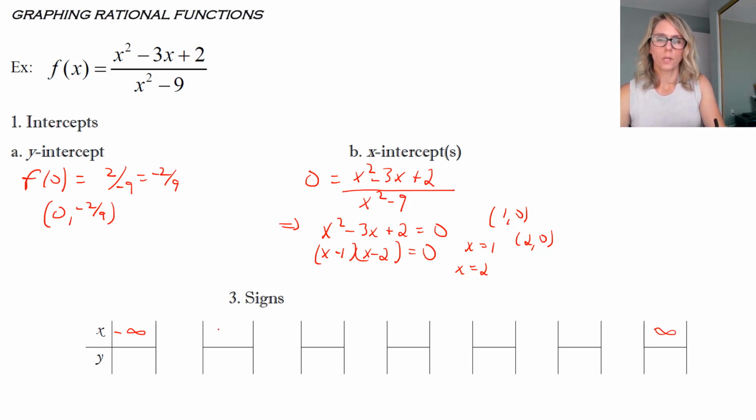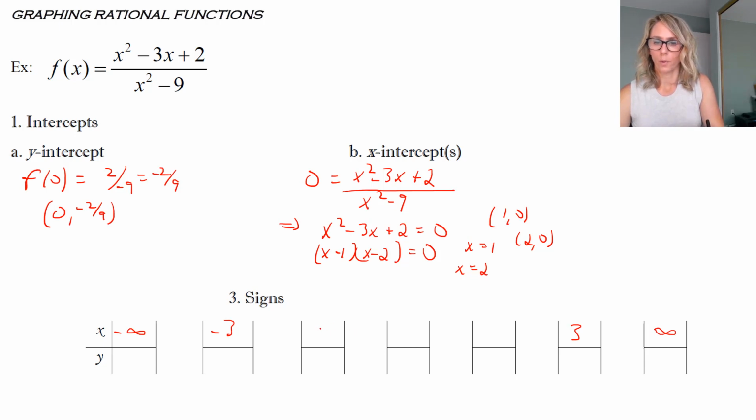We want to think about any x-intercepts, and we also want to think about any issues with the domain. So you want to think about the fact that because we cannot have negative 3 or 3, that those values are going to cause an issue, and they are a place possibly where the signs could change. So I'm going to put negative 3 and 3.